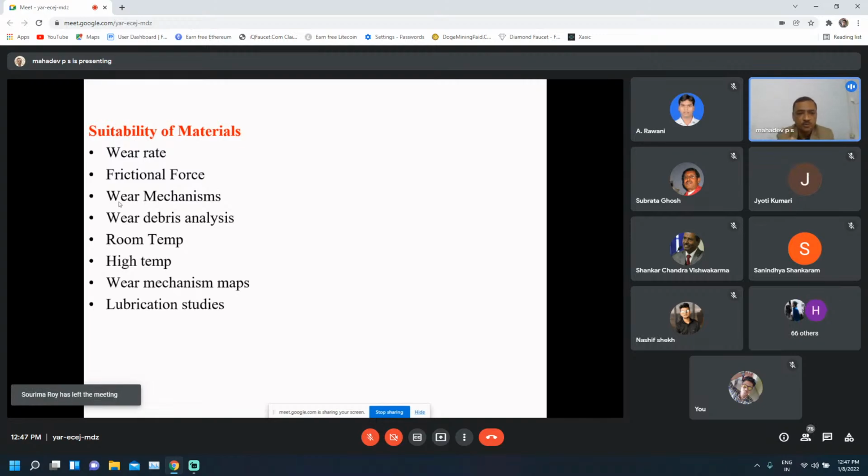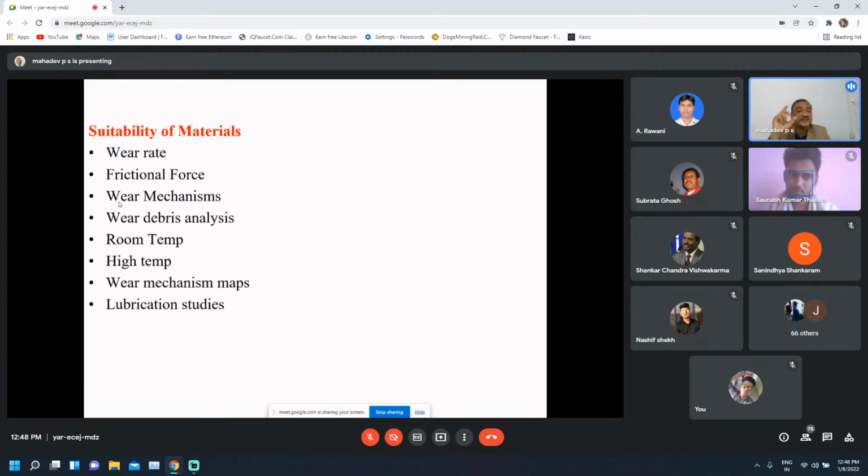The debris, small particles, are collected in a piece of paper and kept in a box. Those are taken for SEM studies. Their size, shape and other features are analyzed to study the different kinds of wear mechanisms operating at different wearing parameters.